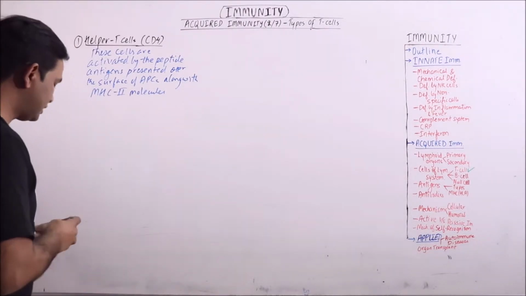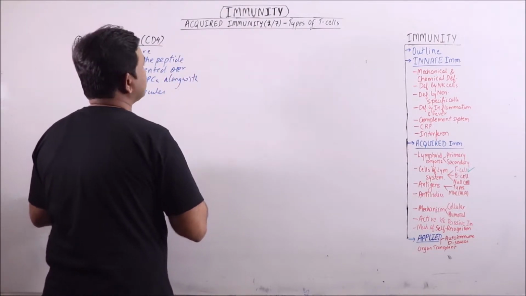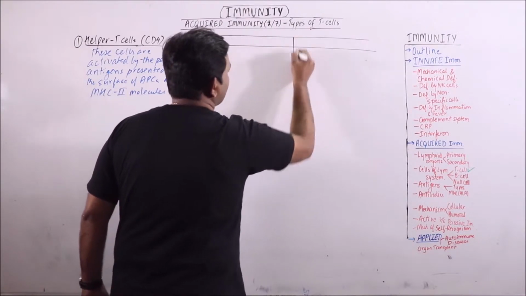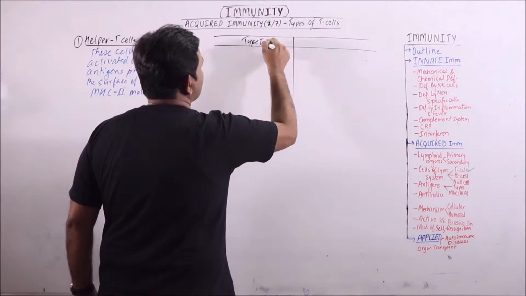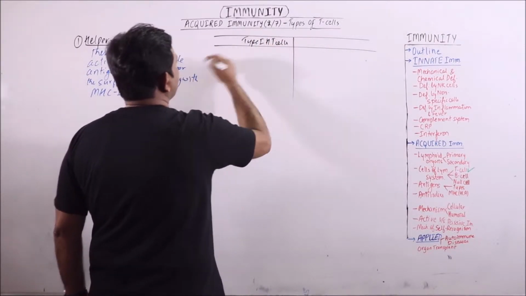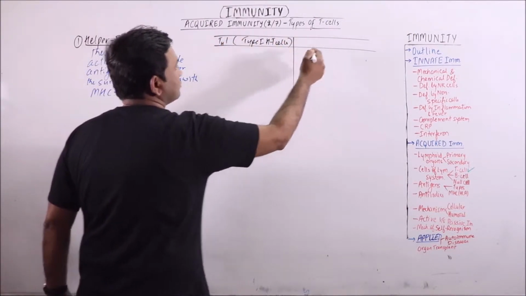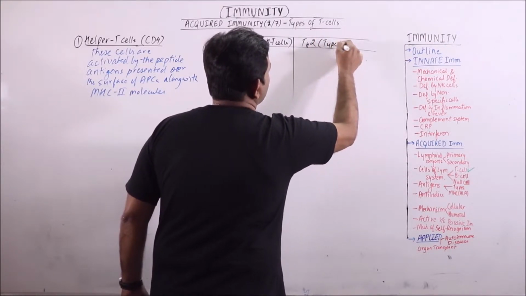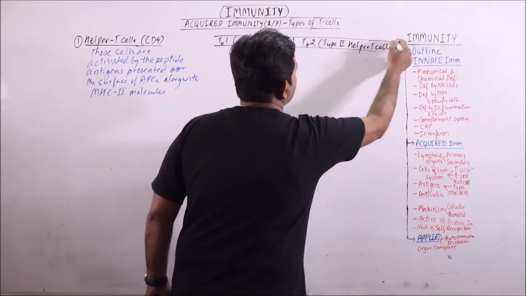Now these helper T cells are of two types. Type 1 helper T cells, which are designated as Th1, then Th2, that is type 2 helper T cells.